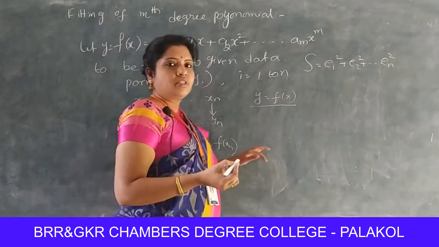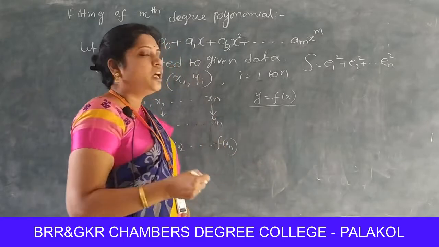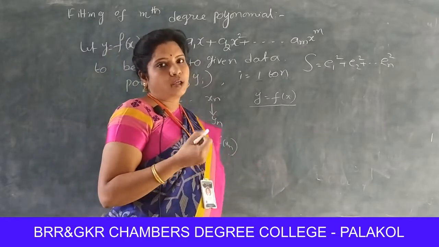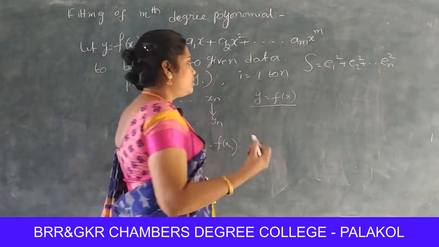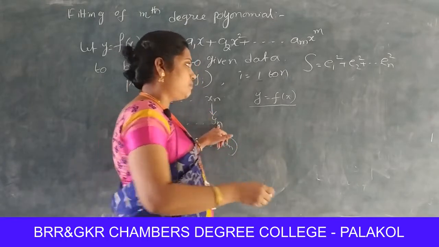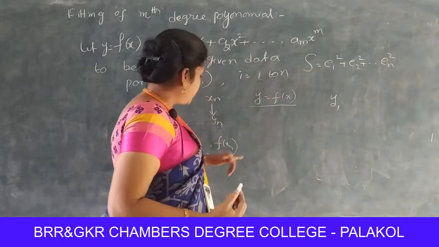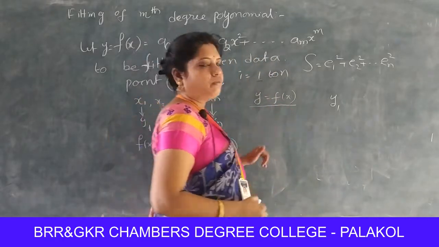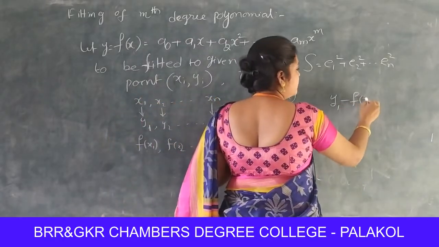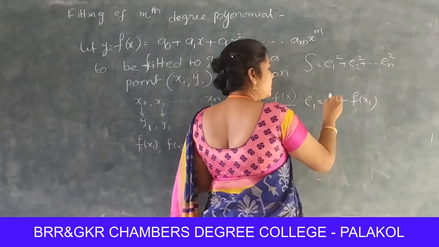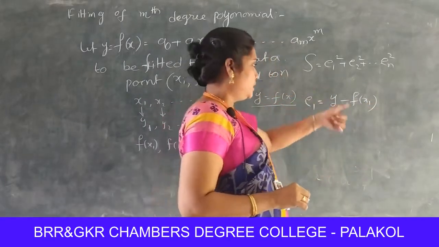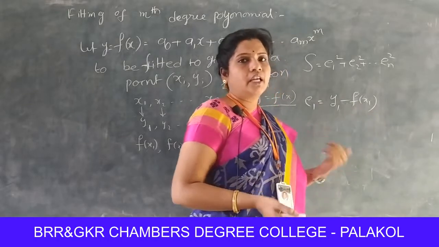The error means the difference between the calculated or observed value and its true value. Here the calculated value is y1 and the true value is f of x1. The difference between the calculated value and its true value is called the error.